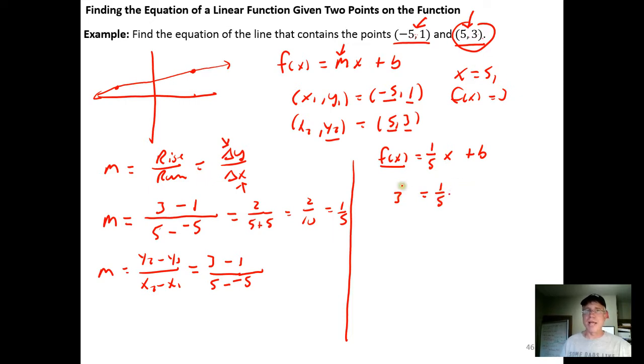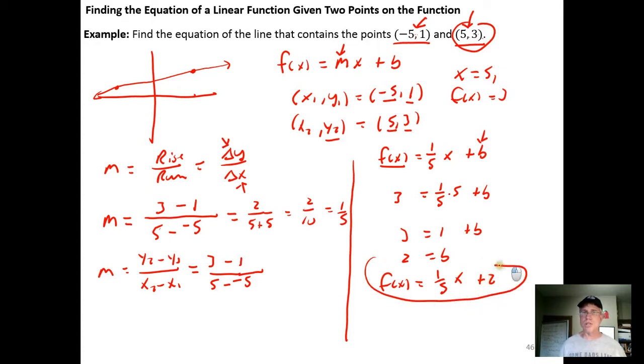But when f of x is 3, then x is 5. And then I go plus b. And 5 times a fifth equals 1 plus b. So I subtract 1 from both sides and I get 2 equals b. And then I want to update my equation with f of x equals 1/5 of x plus 2.